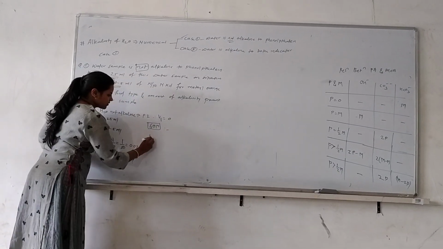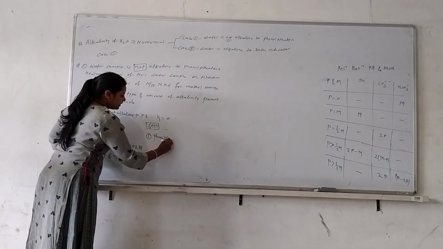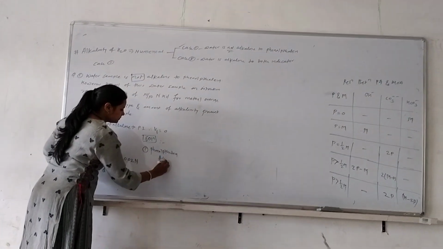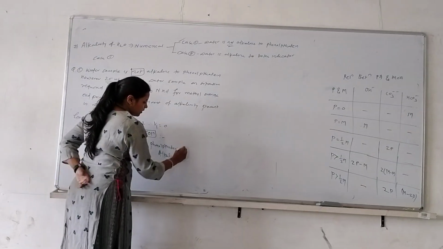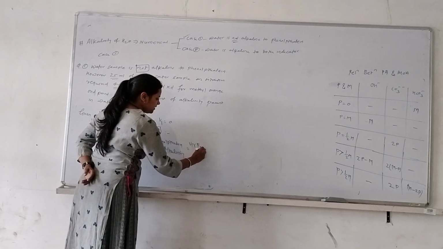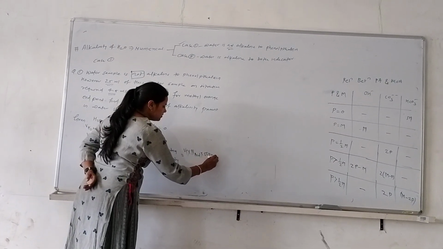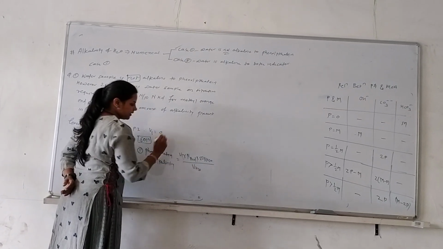What is the solution? First, we have to find the phenolphthalein alkalinity, which has the formula V1 into normality of acid into 50 into 1000 divided by volume of water. So this is the formula to find the alkalinity.